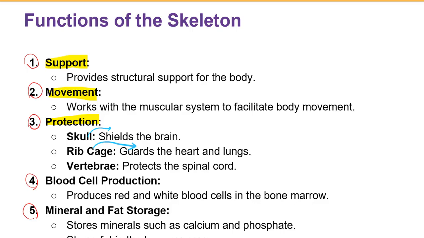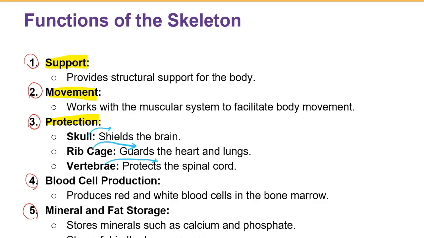And our vertebrae, which make up the spine, protect our spinal cord. So you can see how our bones or skeleton are involved in protecting vital organs and soft tissues in our body like the brain, heart, lungs, and spinal cord.